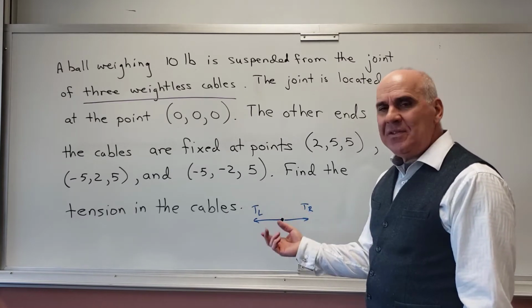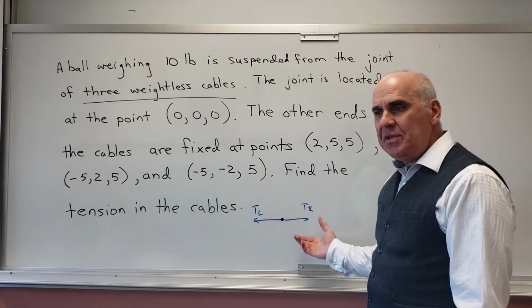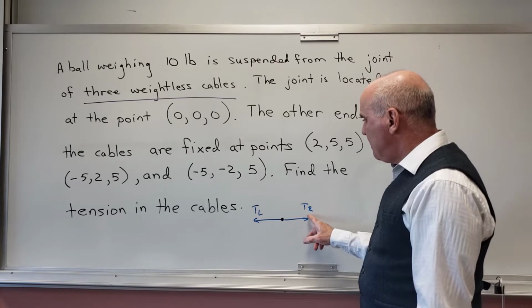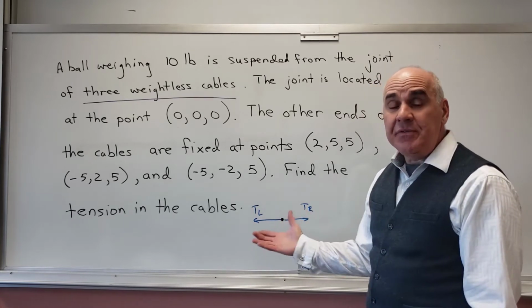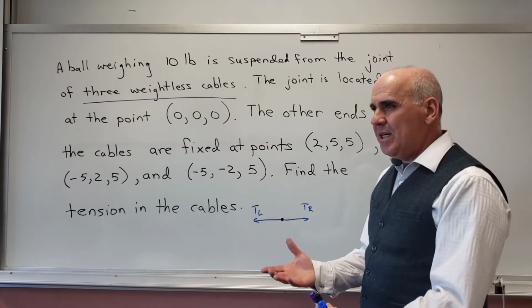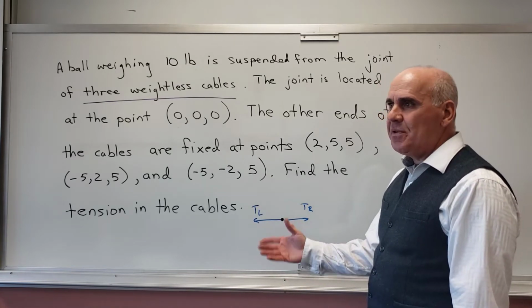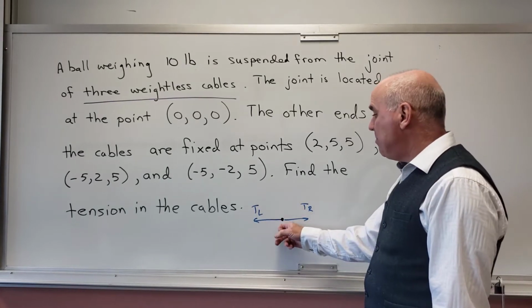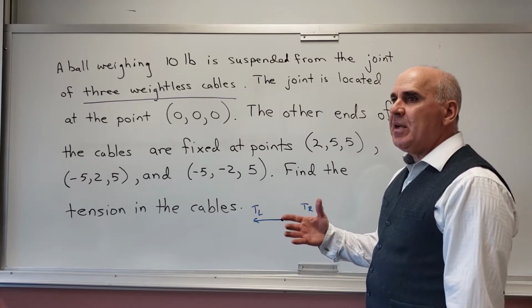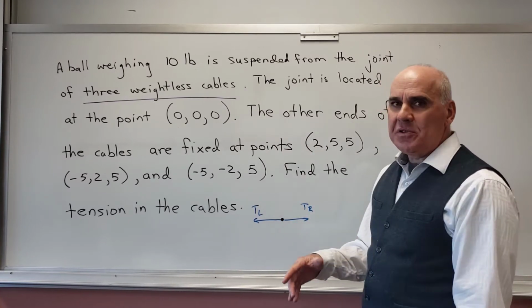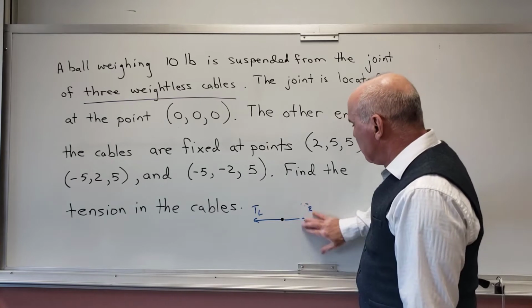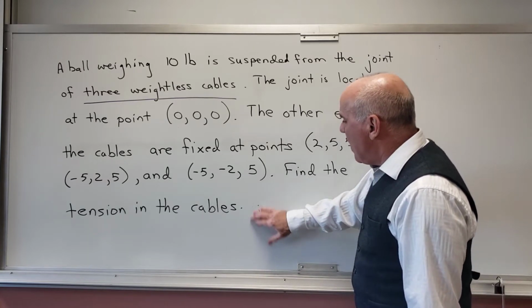If it's massless though, MA is equal to 0, and so T left and T right are going to be the same, even if it's accelerating. It's a little redundant if it's not accelerating, because if you have an acceleration of 0, then T left equals T right even if there is mass. But when we talk about gravity and normal forces, it becomes a little bit different. All right, so that's a weightless cable.